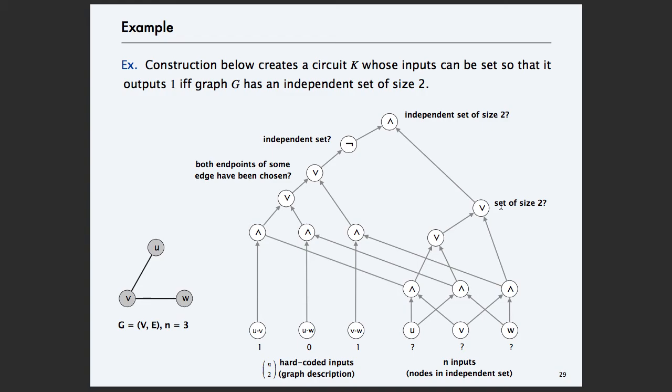Why wouldn't 2 zeros and a 1 be considered a set of size 2? 2 zeros and a 1 is a set of size 1, not size 2. Here, these are the vertices. A 1 means that I chose a vertex, so I need to choose exactly 2 of these. So the set would be like UW, VW, or UV, exactly.